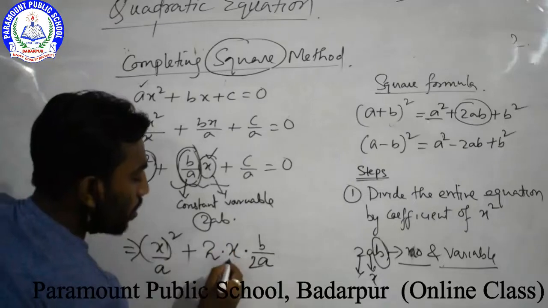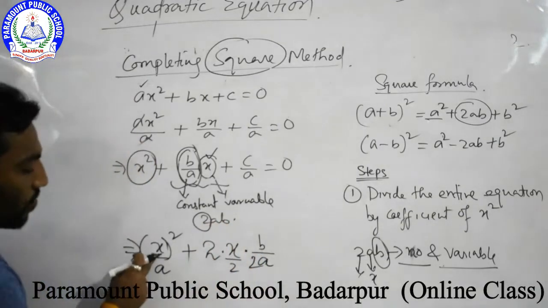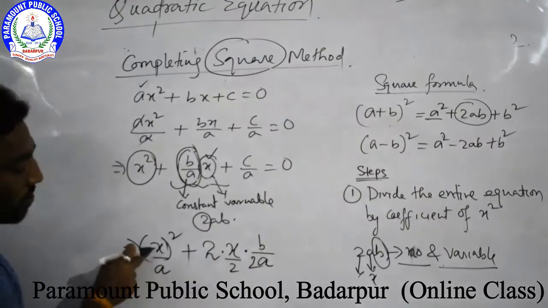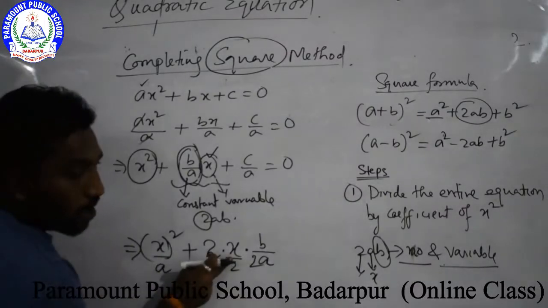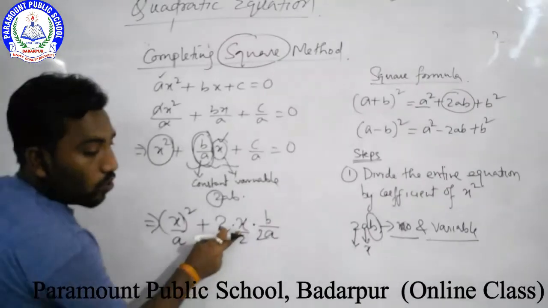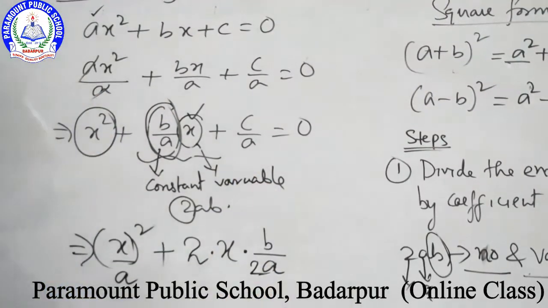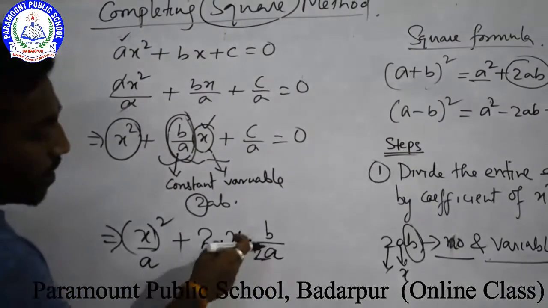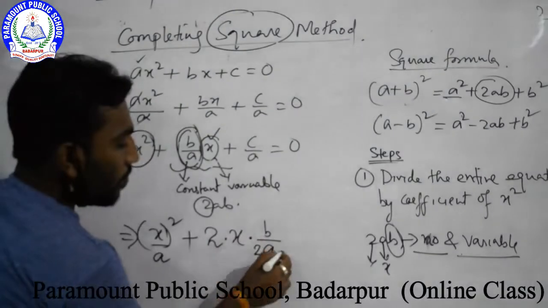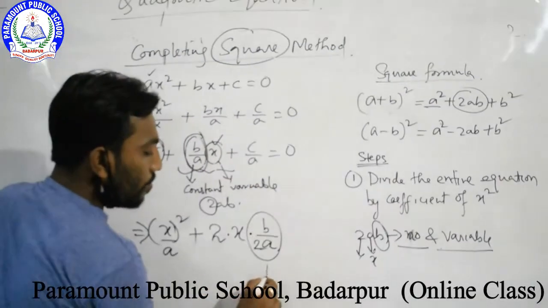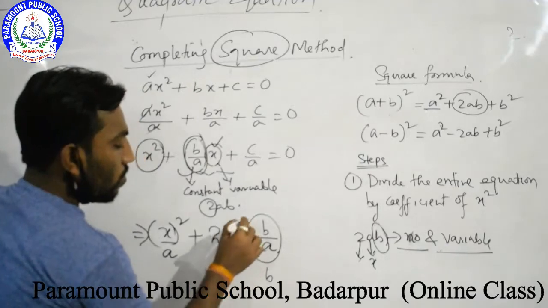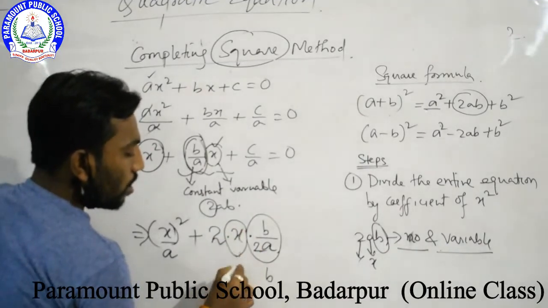We cannot write 2 there since we already know that our a value is x. So this 2 will go to the b value. Now from here we can directly see what our b value is. This entire value is nothing but our b value and this entire value is nothing but our a value.